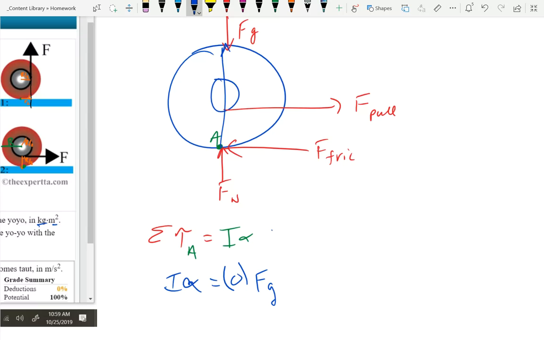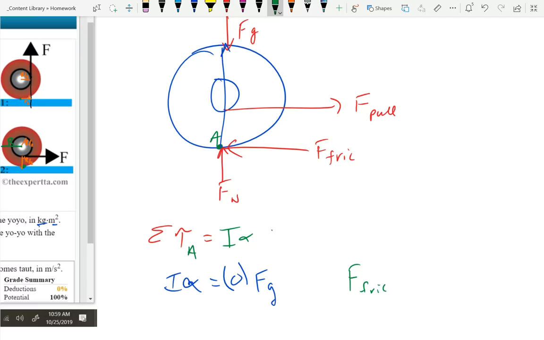Okay, Oksana, choose another force. No, friction. Okay, so force friction. What is the perpendicular radius from point A to where the force of friction line is? Force normal is not a distance.